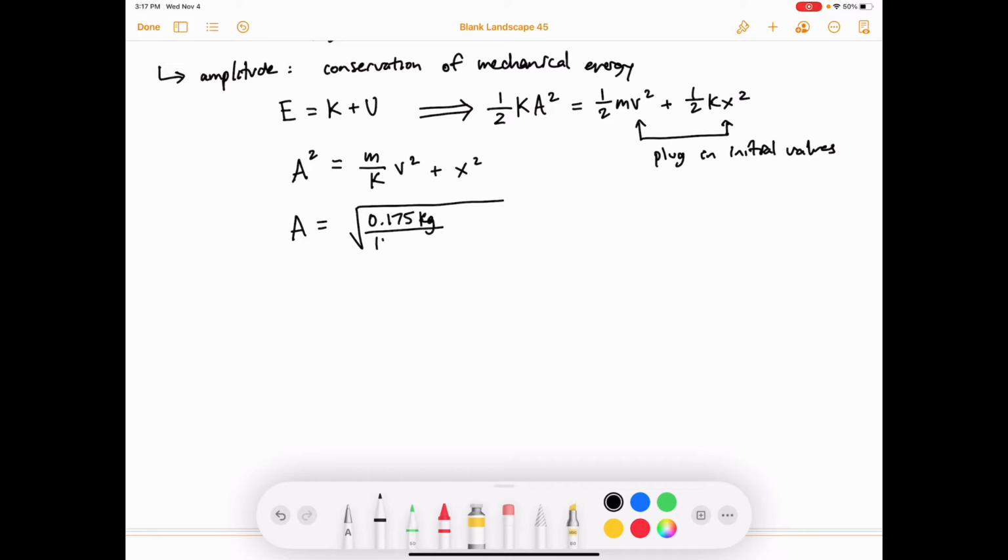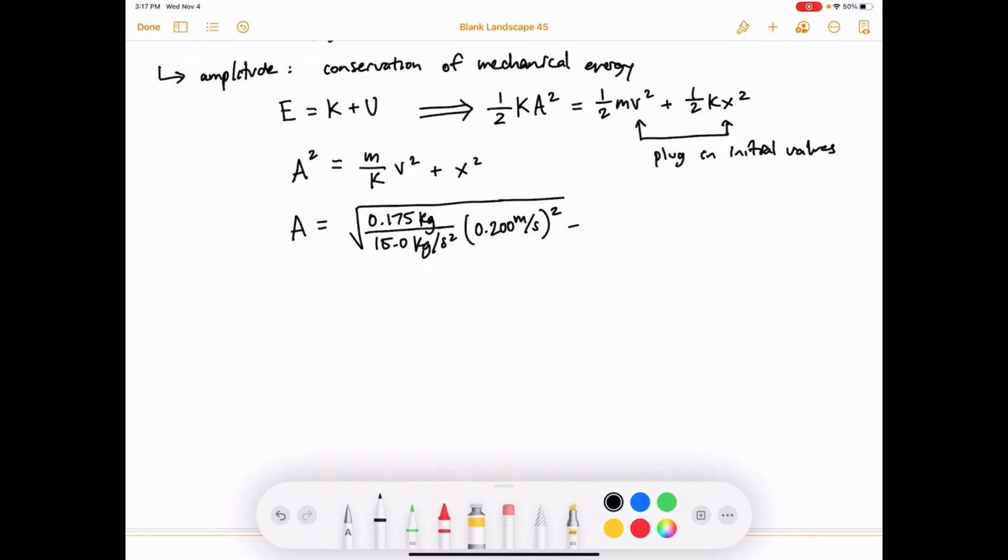The spring constant is 15 kilograms per second squared. We multiply that by the initial velocity we were given, 20 centimeters per second, or 0.200 meters per second, so we converted from centimeters to meters, and we square that v.